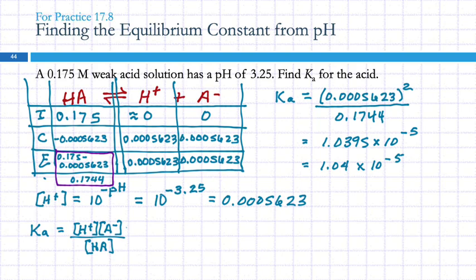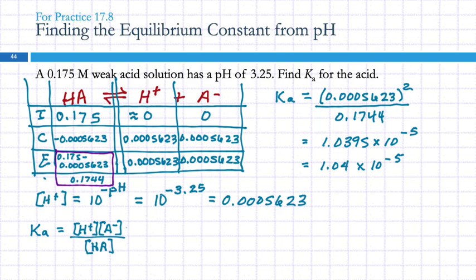Actually, I'm really curious what I did wrong. 0.0005623 squared divided by 0.1744.